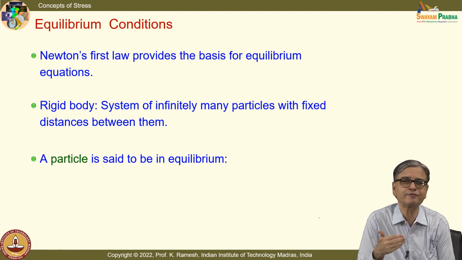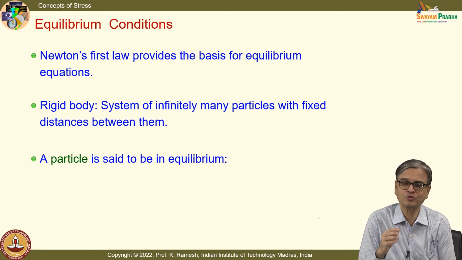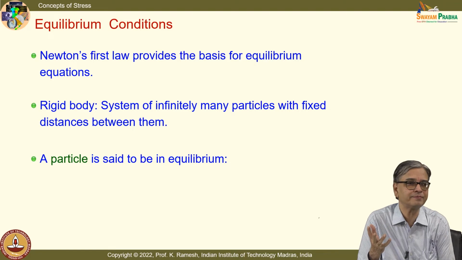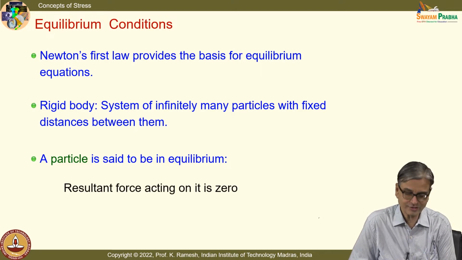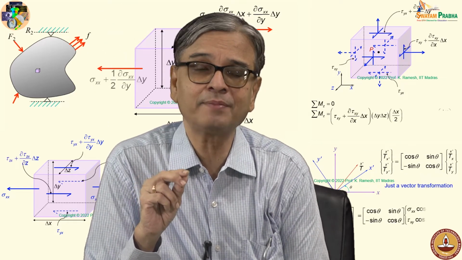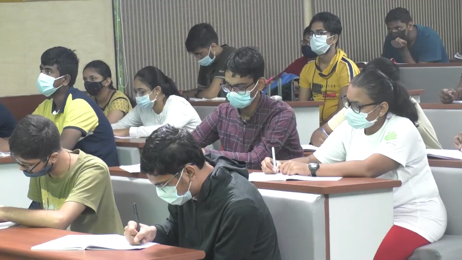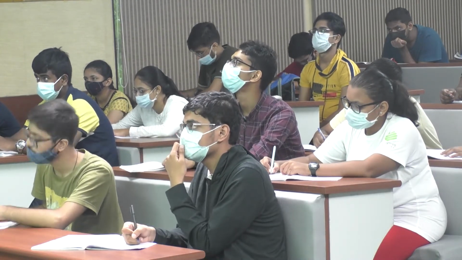Before we get into deformable solids, it's better to have a re-look at that so that you will have clarity. So, when you say a particle is in equilibrium, it's simple and straightforward. You say resultant force acting on it should be 0, and when you develop anything in a mathematical sense, you will also have to look at whether it is necessary and sufficient.